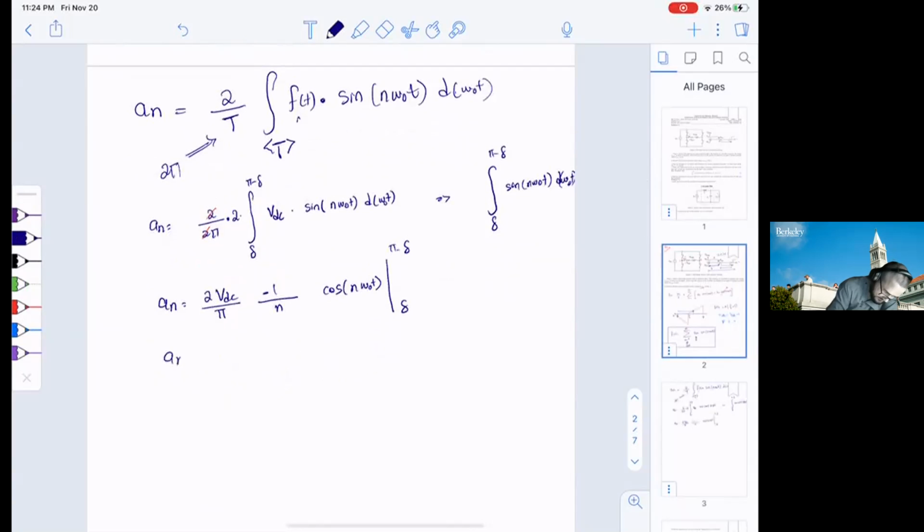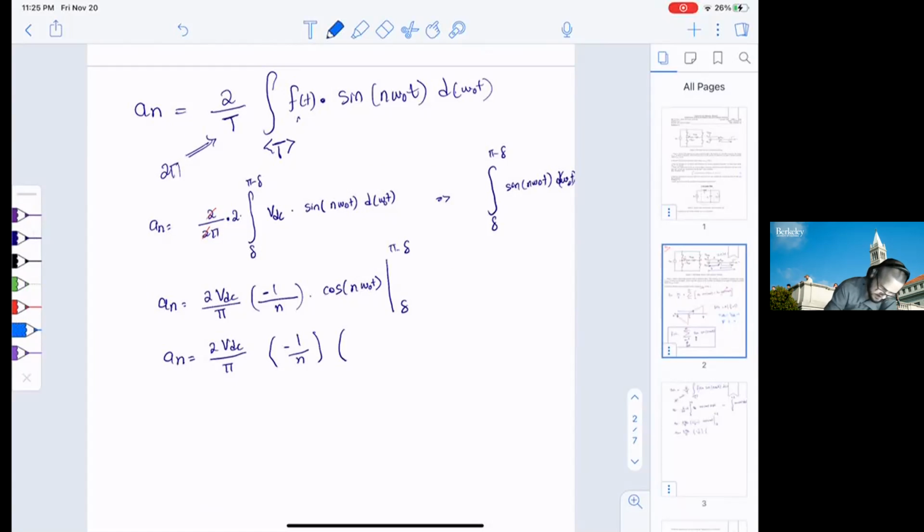So a of n is equal to 2 VDC divided by pi, multiplied by minus 1 over n, multiplied by what this cosine expression actually evaluates to.